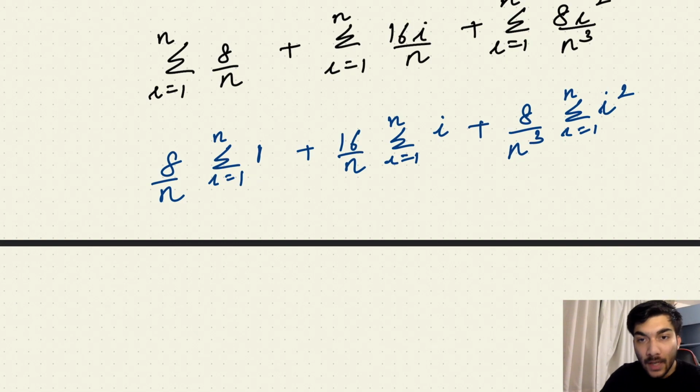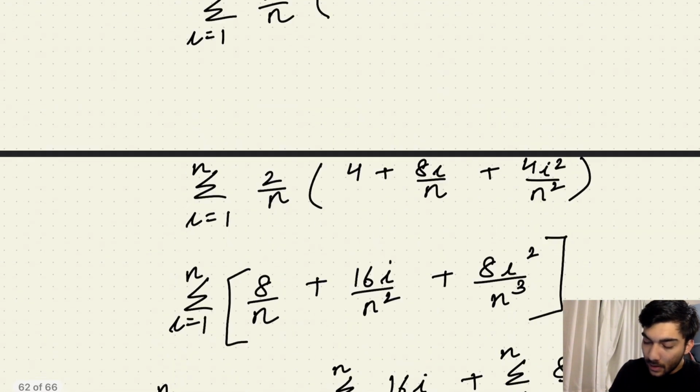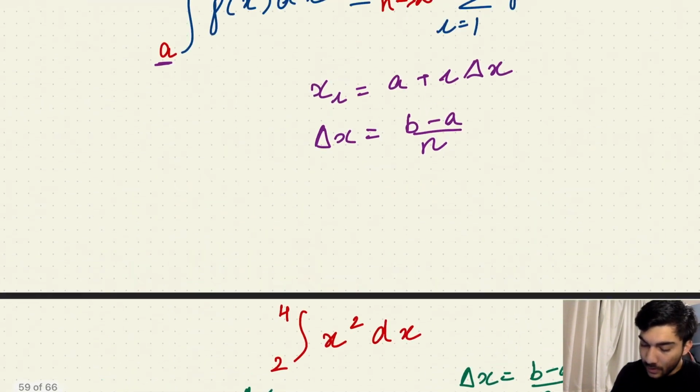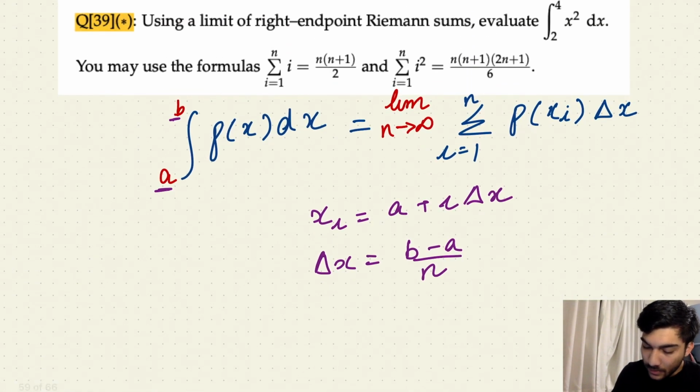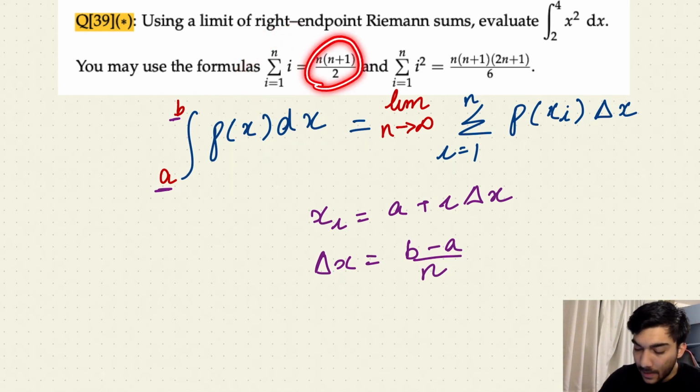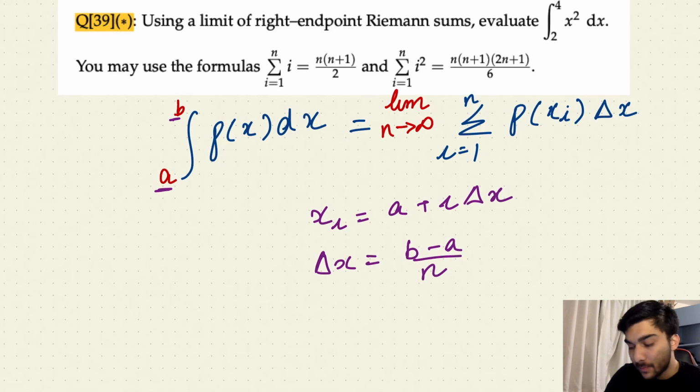And now it is the time to use the given information in the question. We were given at the start in the question that we can use this fact that sigma i goes from 1 to n of i is n times (n plus 1)/2, and for i square it's n times (n plus 1) times (2n plus 1)/6.